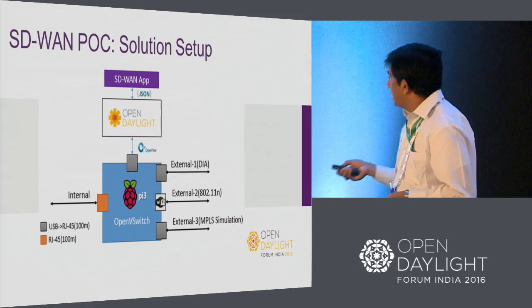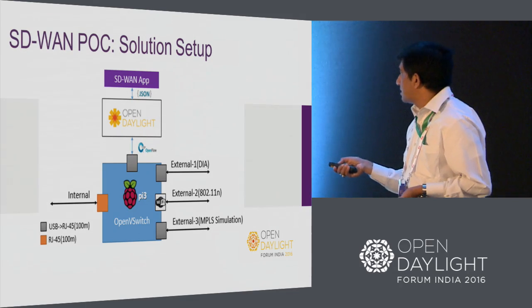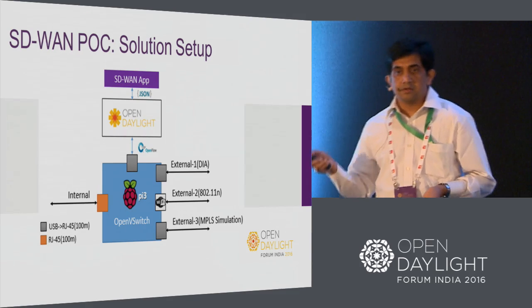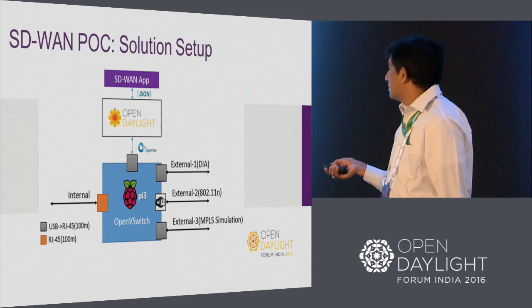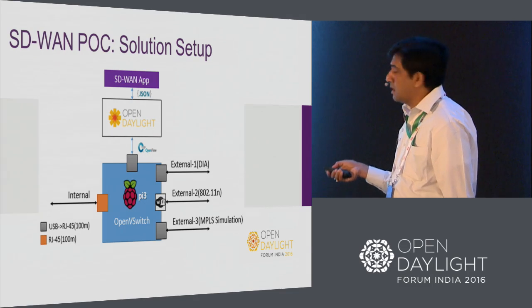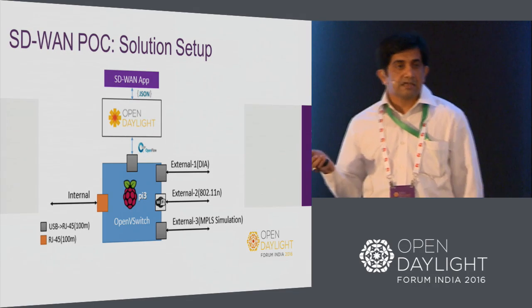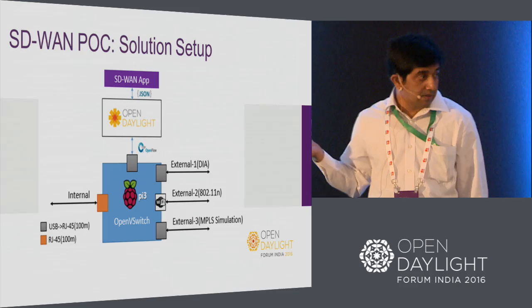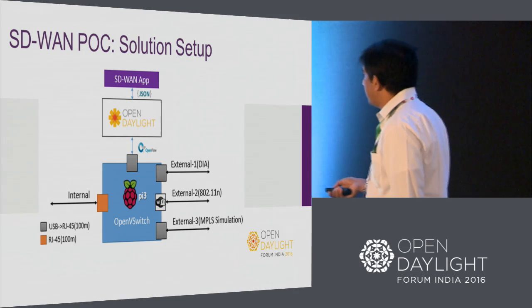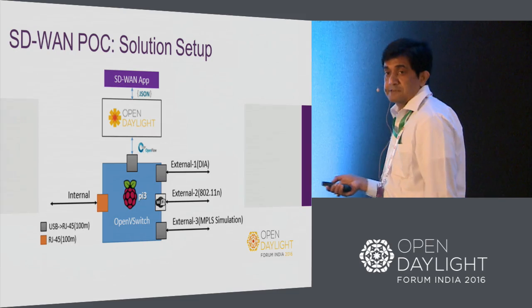I name one as a DIA. It could be fiber or basically a broadband. There's a Wi-Fi interface also, but in my case study I have not used it, but you can install OpenFlow rules to do that. And one of the interfaces, I say, is an MPLS.